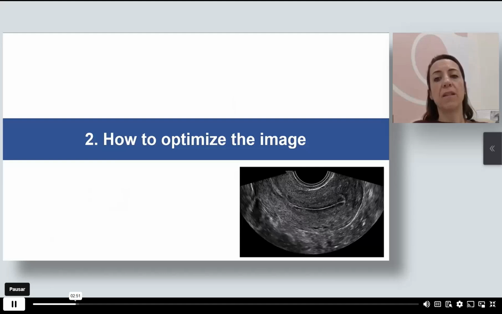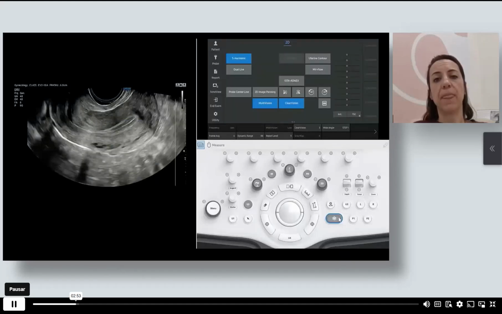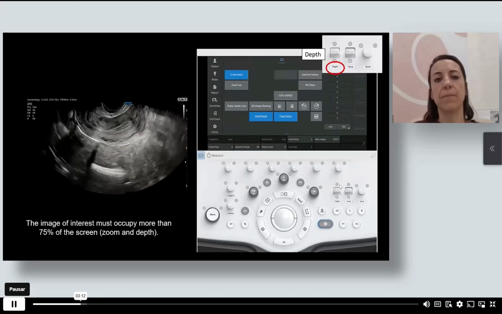How to optimize an image? In this slide, we can visualize our screen with the uterus, and on the right, we can see the machine. To optimize the image, we can use depth, focus, and zoom. Using the depth, we can increase the image.